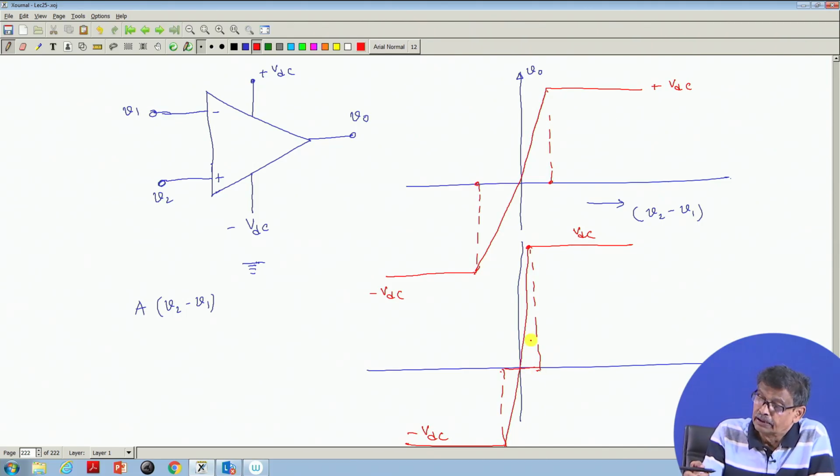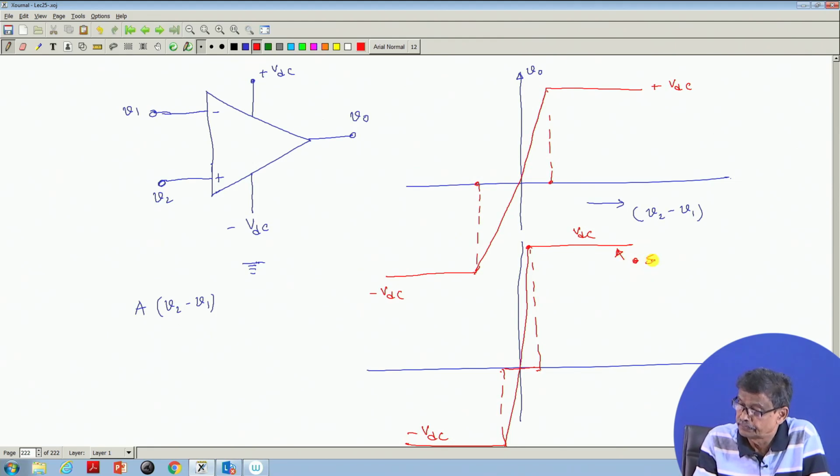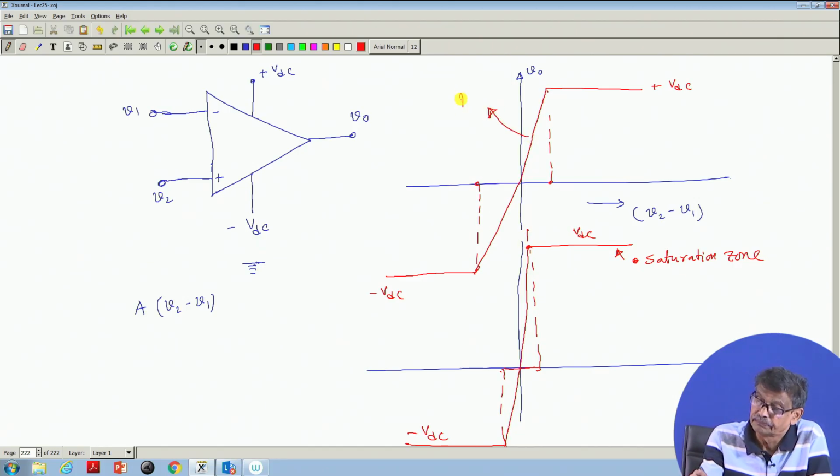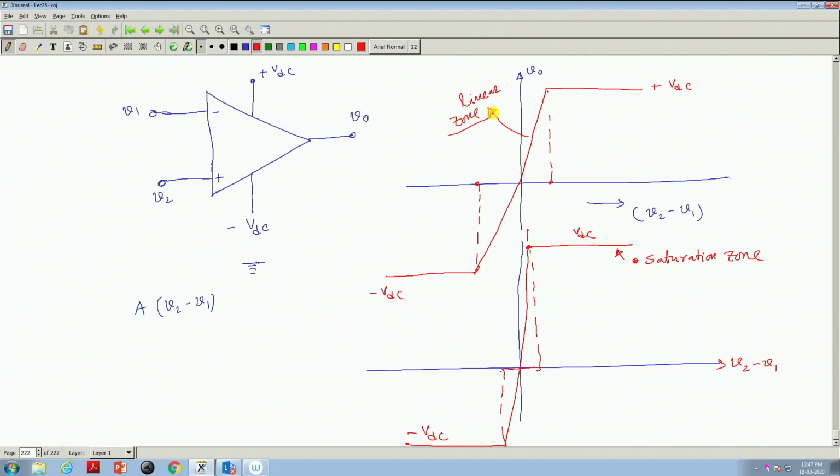Beyond this, we say the op amp is saturated, the saturation zone, and this portion is the linear zone. Clear?